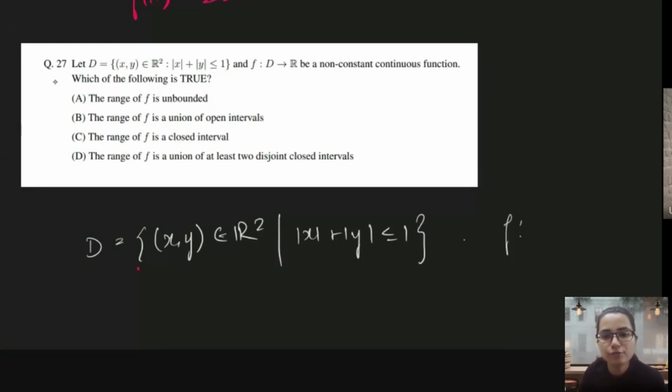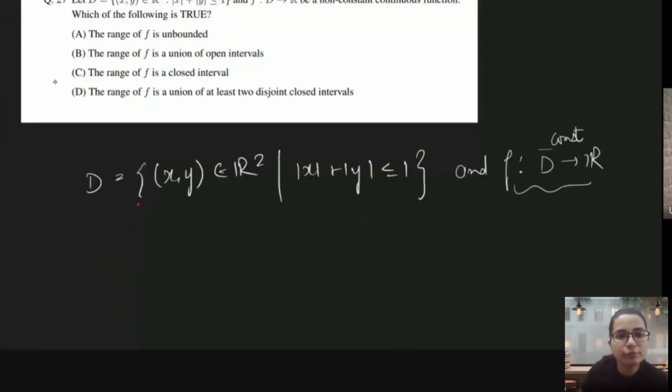And f from D to R is a non-constant continuous function. You cannot take a constant continuous function. So which of the following statements are true? They are talking about whether the range is bounded, whether it is a union of open intervals, whether it is closed, or what it is.